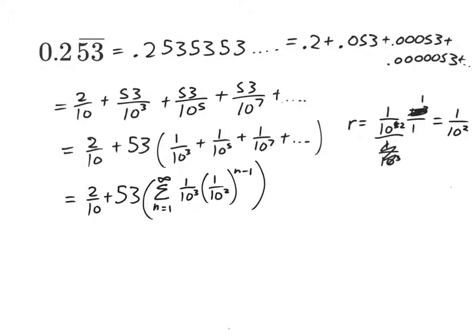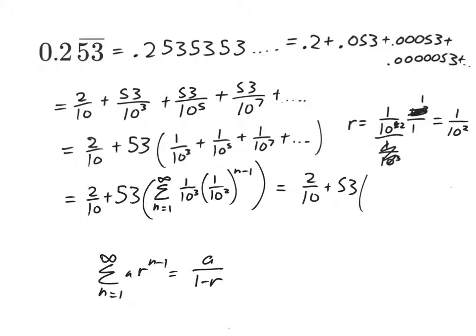So this can actually be rewritten as 2 over 10 plus 53 multiplied by, now, this right here looks just like this, the sum of a r to the n minus 1. And this we know equals a divided by 1 minus r. So we get a, which is 1 over 10 to the third, over 1 minus r, which is going to be 1 over, and I'm going to actually put 100, because that's 10 to the 2.